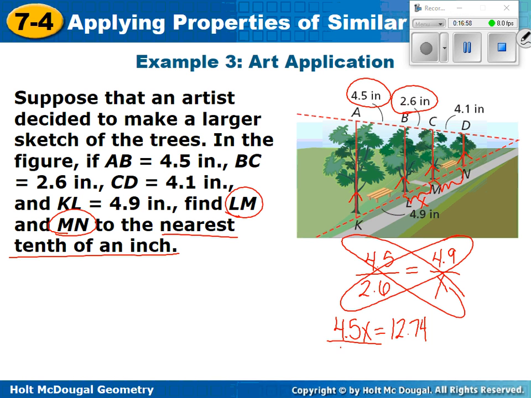Divide by 4.5. And so x is equal to what? And it said to the nearest tenth of an inch, so what would we say? 2.8. Got 2 people that agree. And what are my units? Inches. So this would be not x necessarily, but LM if we're writing our answer. It's 2.8 inches.